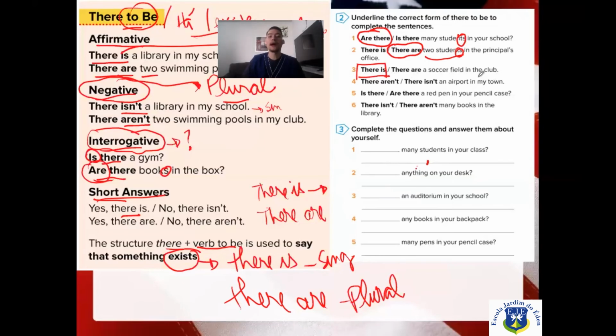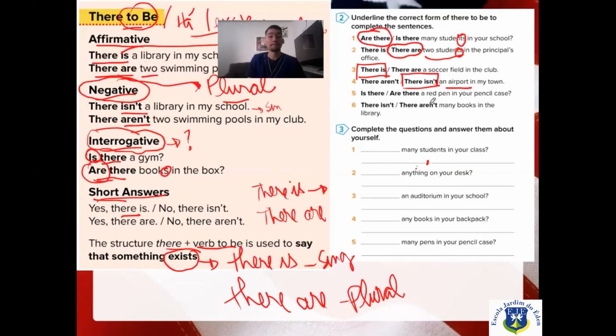4, there aren't or there isn't an airport in my town. This is the singular form, so there isn't an airport in my town. Is there or are there a red pen in your pencil case? So this is the singular or the plural form?